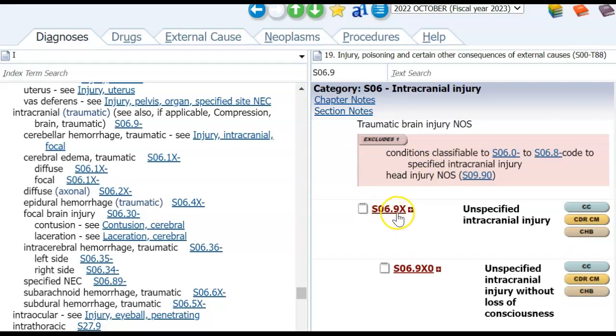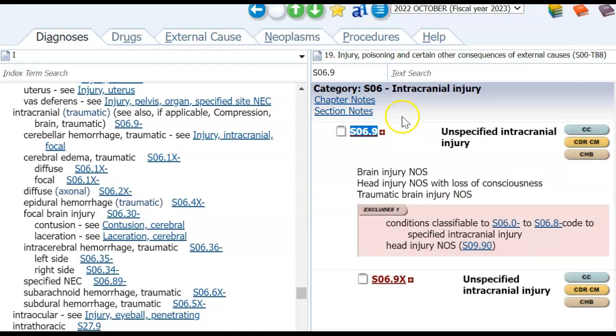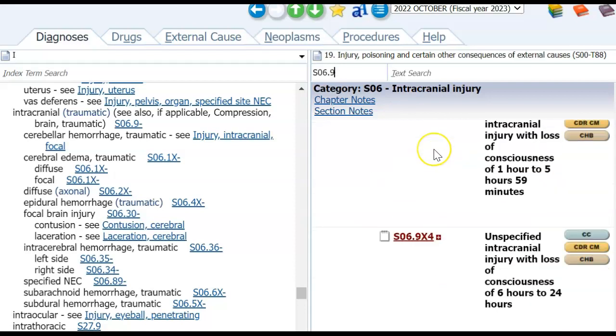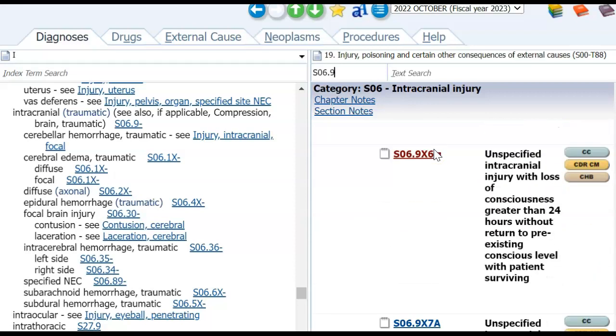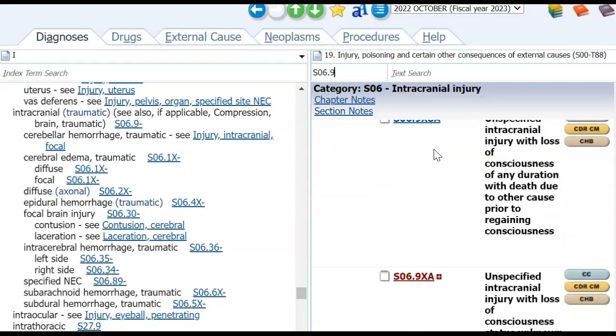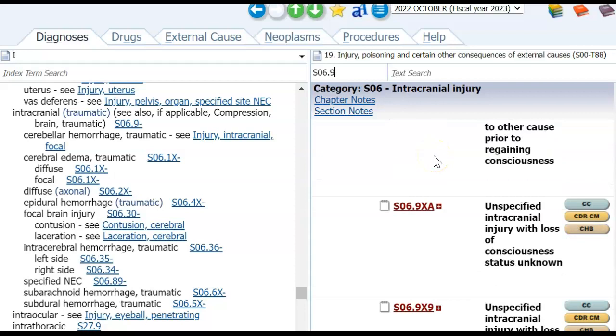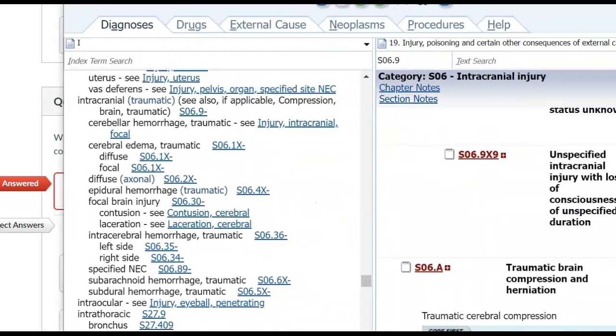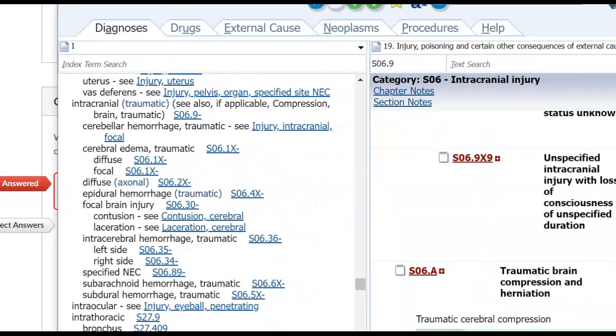Okay, so I have S06.9. You have to have an X. So I'm not quite sure where you found the A. Kind of look in here. As I go down further, S06.9, since you have 9A, I don't see a 9A.